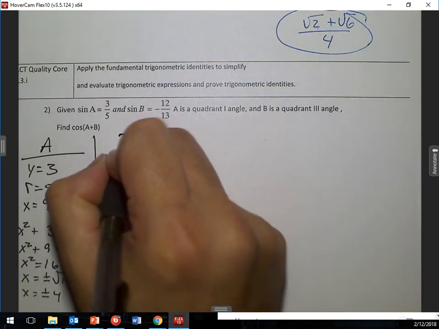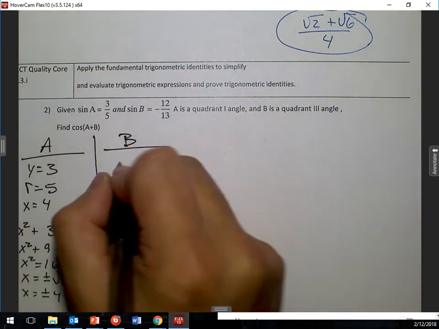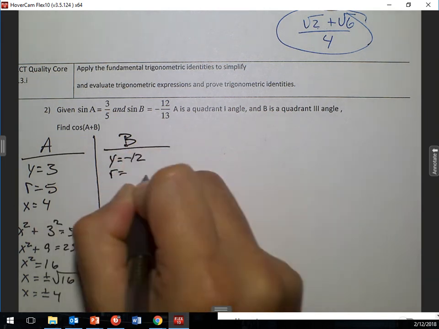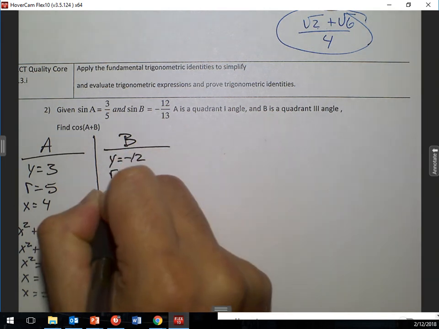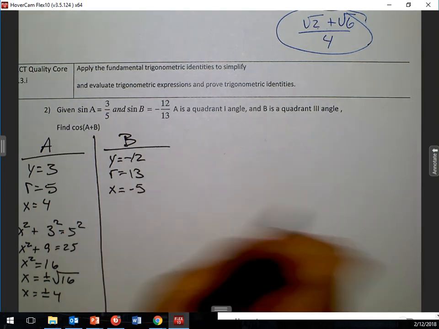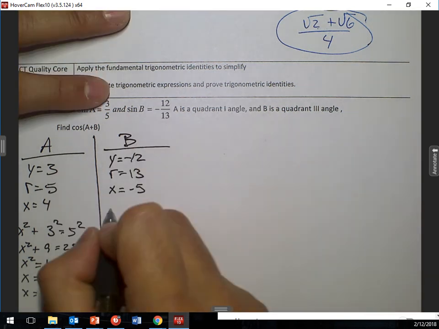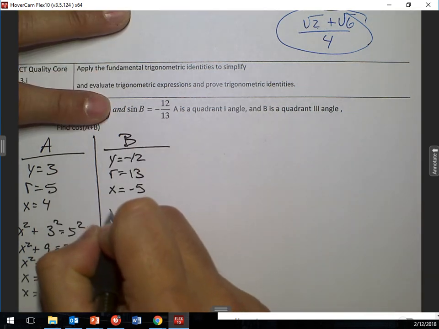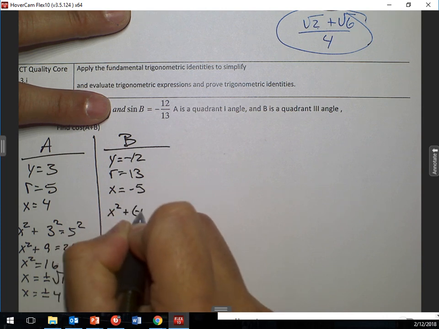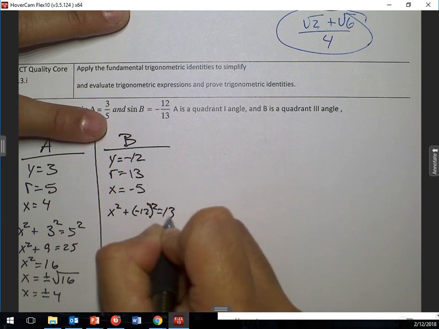Now let's do the same thing for B. Given B, my Y value is negative 12, my R value is 13, and my X value will be negative 5. Again, another Pythagorean triple, but I'll do this one because I don't have the X. Looking for the X again, it would be X squared plus negative 12 squared equals 13 squared.